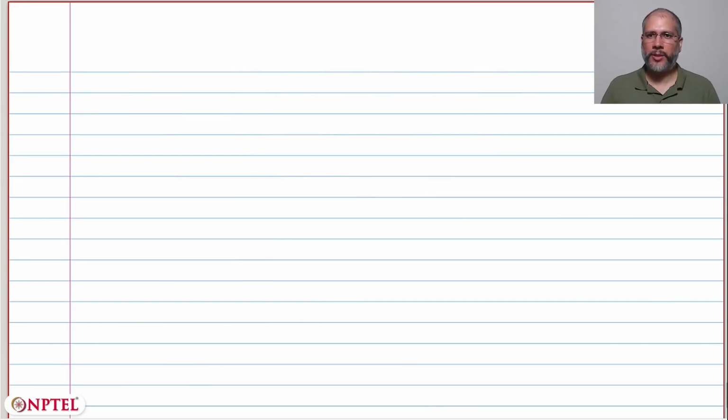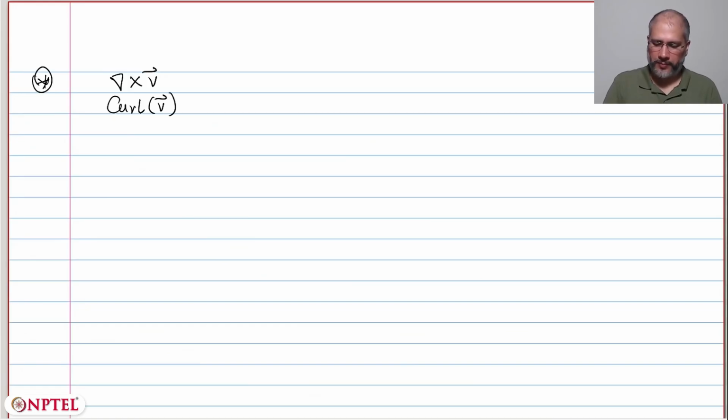Let us now move to the third operator. Del cross v, which is also known as the curl of the vector v, because it denotes some sort of rotation, as we'll discuss later in the course. But for now, let's focus on the mathematics here.